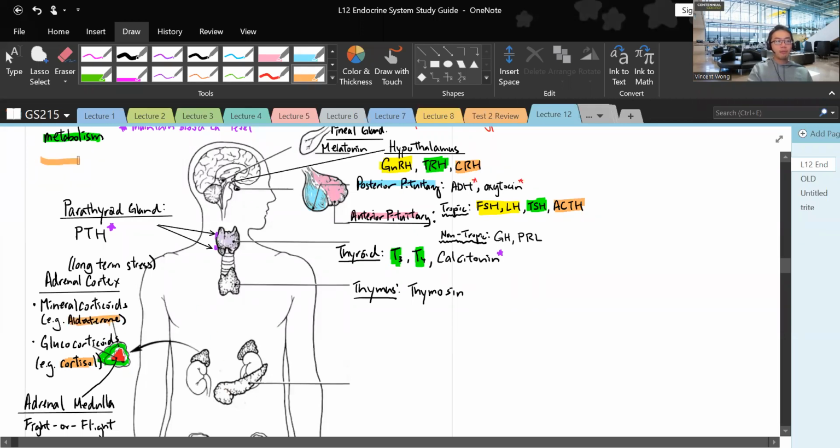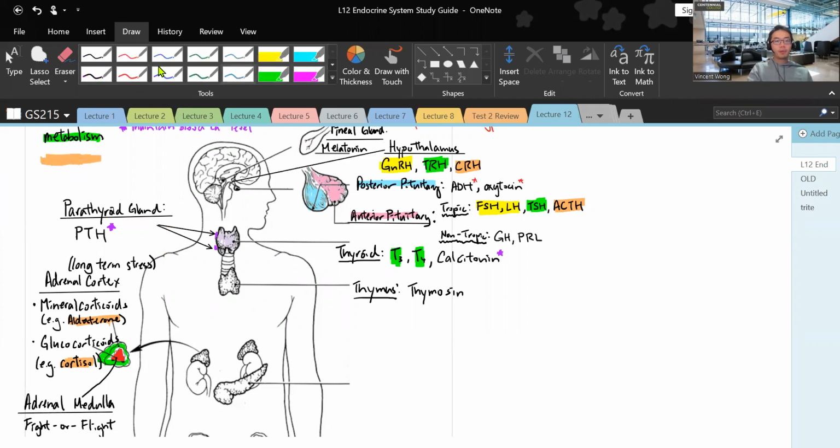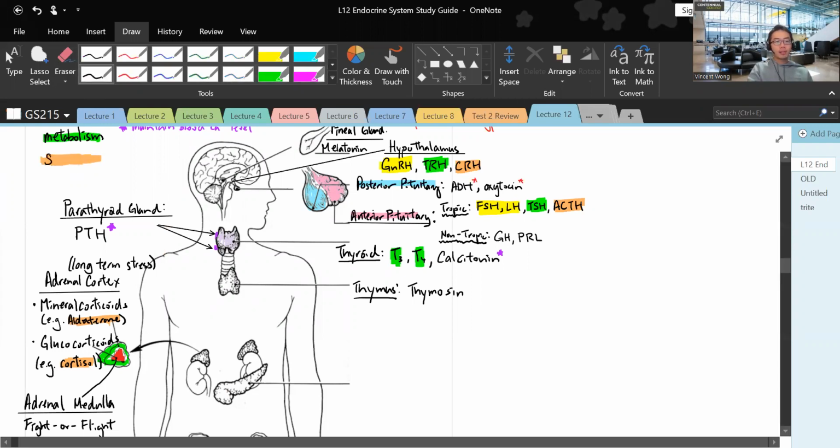Okay, so this pathway is related to stress. Okay, long-term stress. All right.